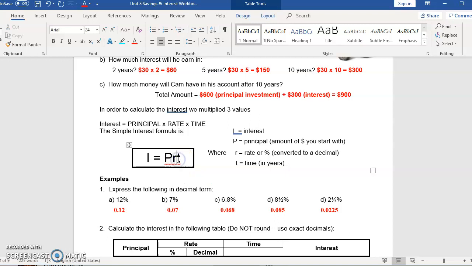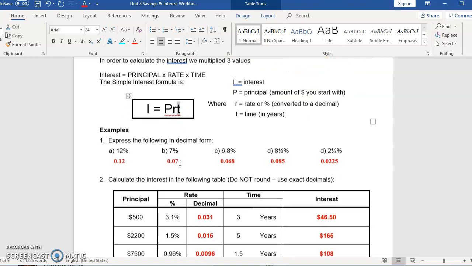So how long the money's in the account, but also how often you're going to calculate your interest or get paid new interest. That could either be annually, semi-annually, or quarterly. And we're going to talk more about that later on in the booklet. All right? This formula is important. Interest equals principal investment times your rate times the amount of time it's in the bank account for.